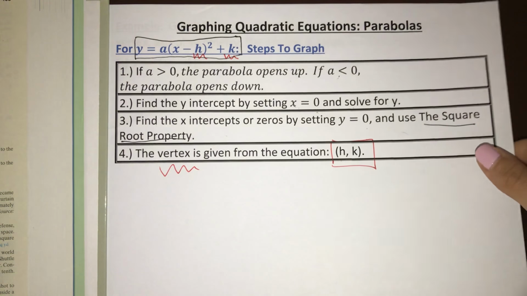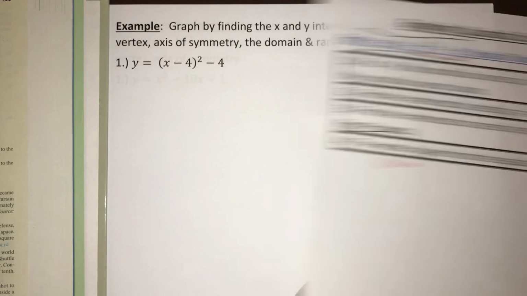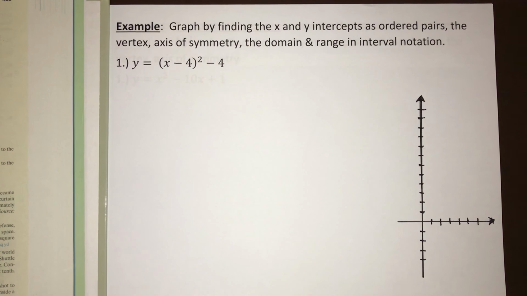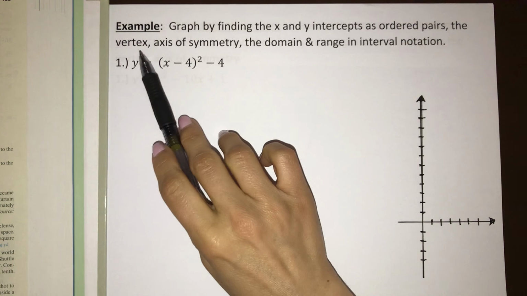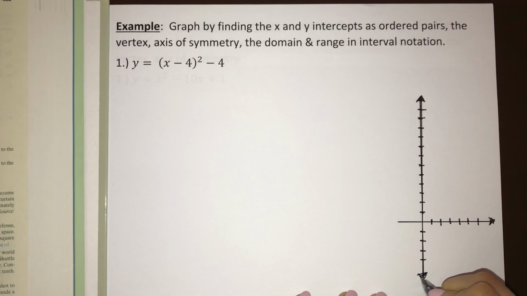Let's take a look at the example where we have to graph. We basically do the same thing as we did in the first video. We want to find the x- and y-intercepts, vertex, axis of symmetry, domain, and range in interval notation. I started the graph here. Let's start by determining if the parabola opens up or down.